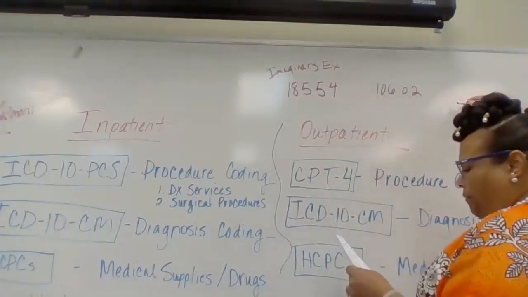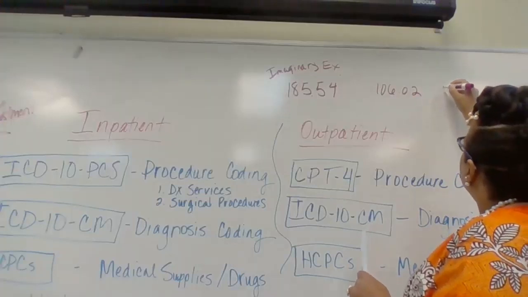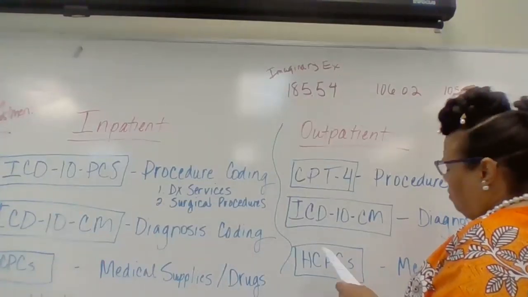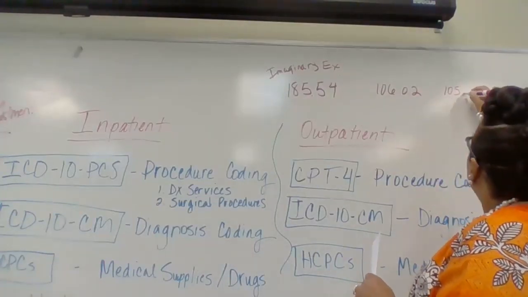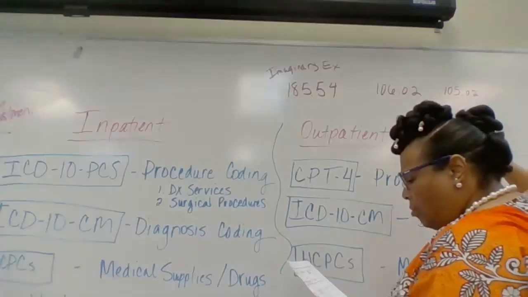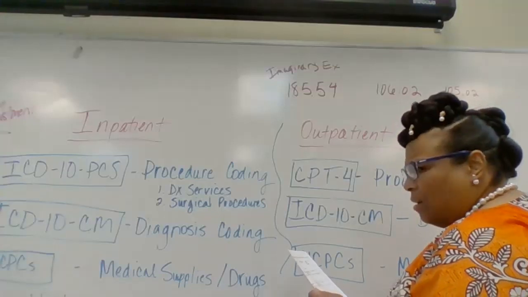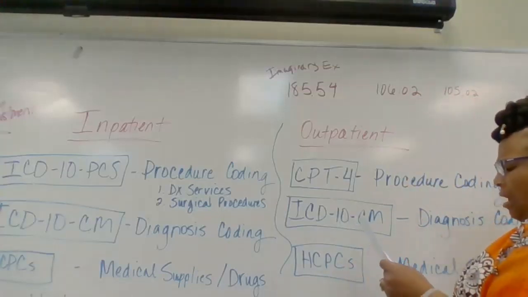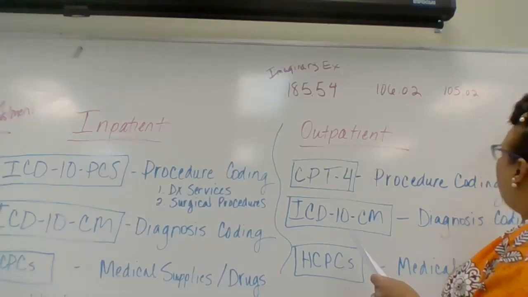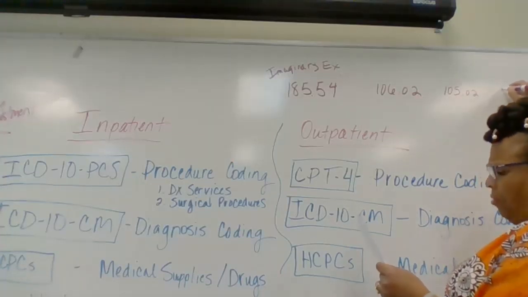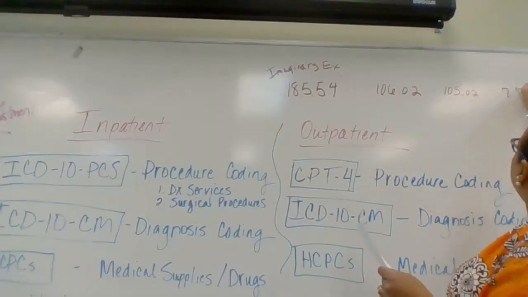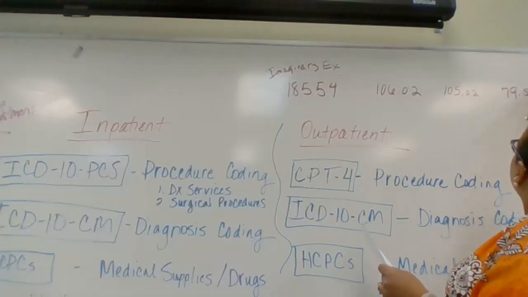You have the deductible as 105.02. I don't know, is that 105 or 106? No, it's a 5. Okay. You have the disallowed as 79.52.